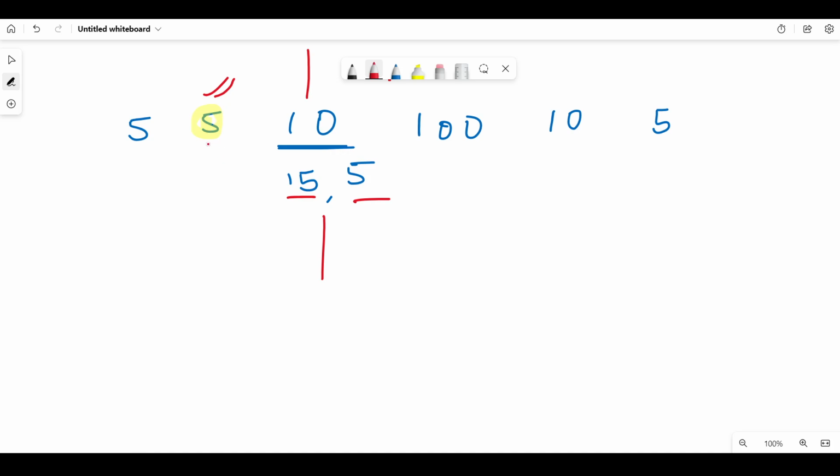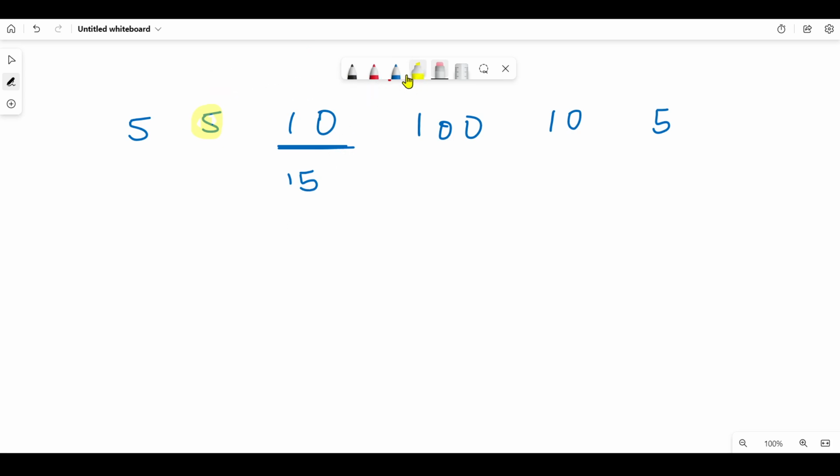Excluding this house means including these two houses, that will make 15: the money from this house and the money from this house, summation will be 15. And if I include this, I will remove these two, and the money I am left with is 5. And the maximum money will be the maximum of these two values, and that will be 15 in this case.